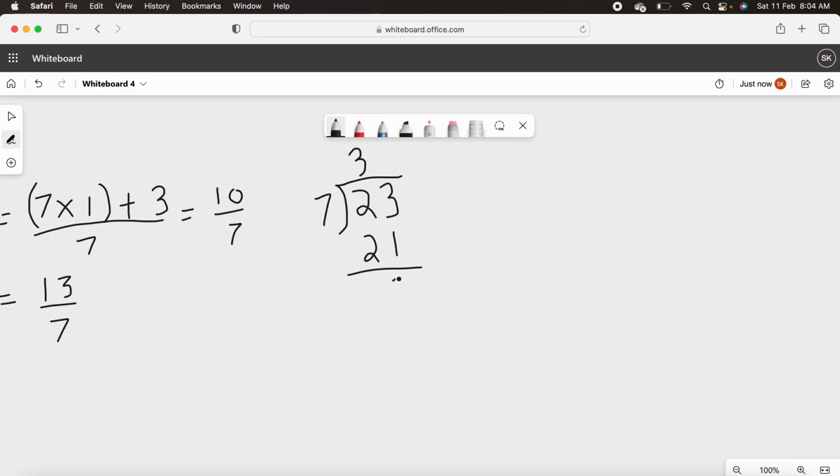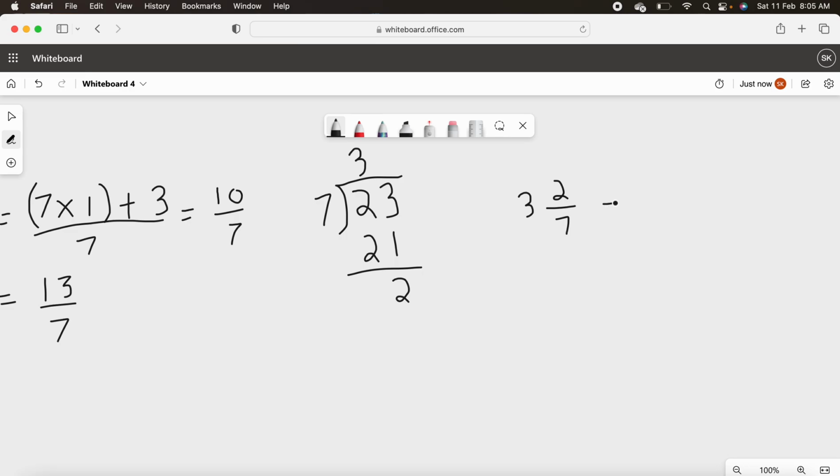Remainder 2. So you need to write it as 3, 2 by 7 to convert this into a mixed fraction. Write this 3 here, 2 as the numerator, and 7 will always be the denominator because it was denominator here, right? Denominator remains the same. So this 3 comes here, this 2 goes here.